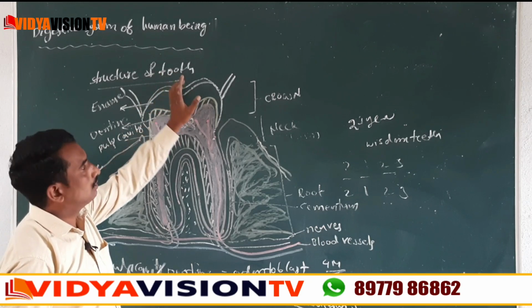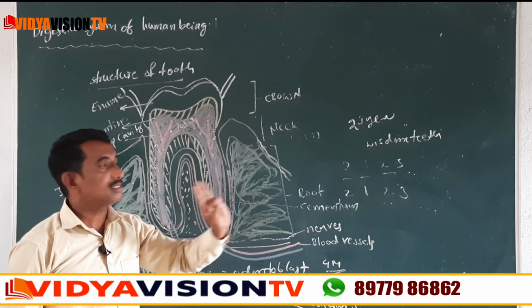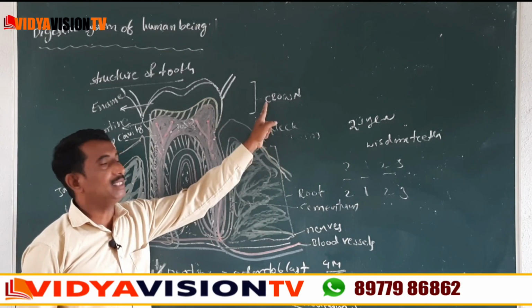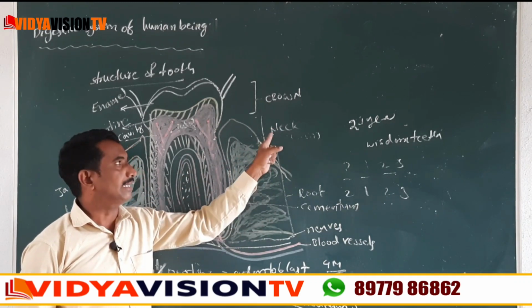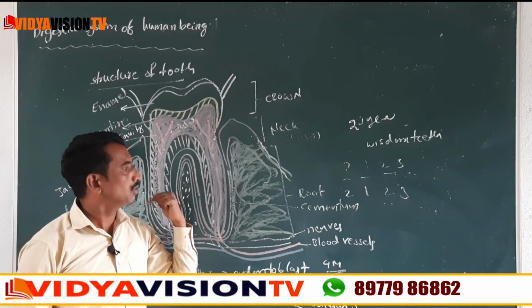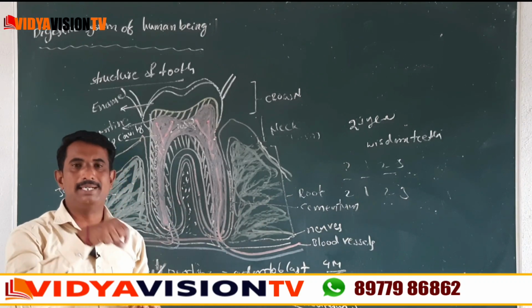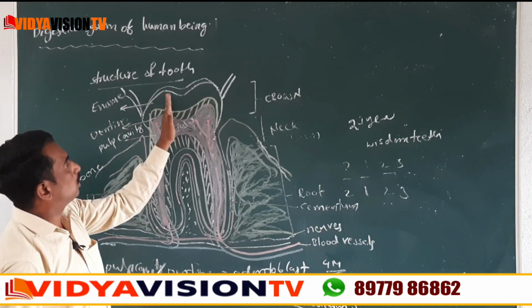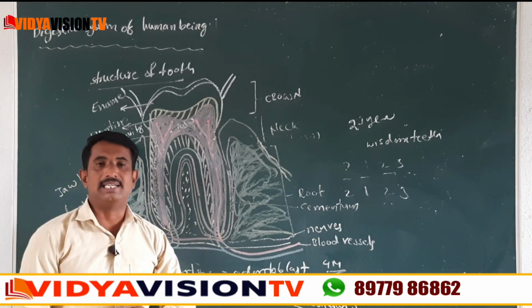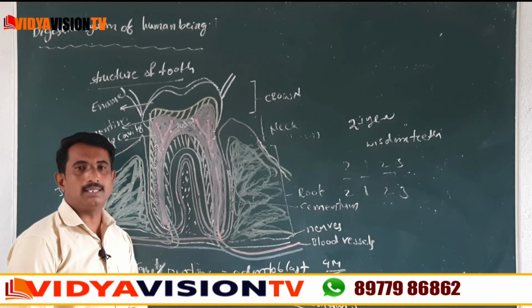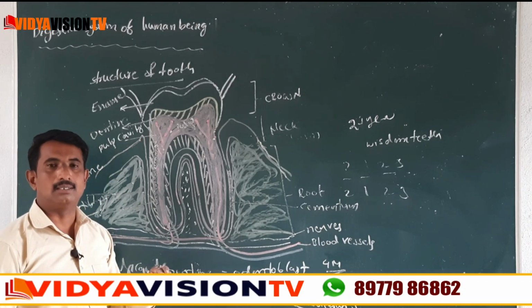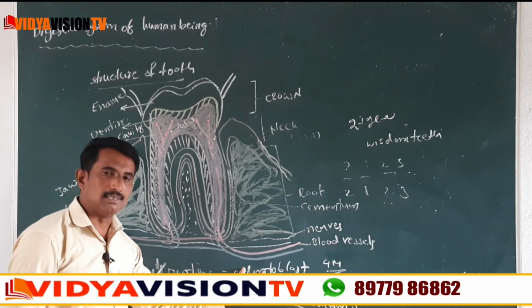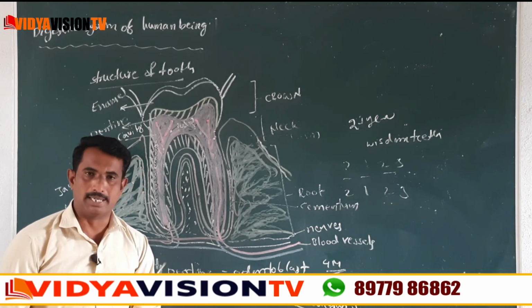Okay children, once again, listen. The tooth has three parts: crown, neck and root. Crown is the exposed part, neck is the middle part of the tooth, and root is embedded in the socket of the jawbone. The tooth is composed of dentine. The dentine originates from odontoblast cells of the mesoderm layer.